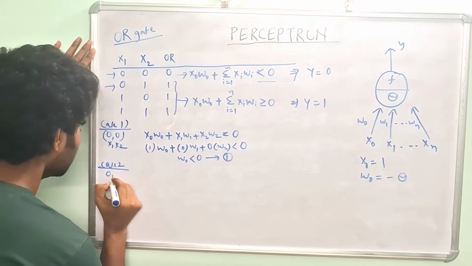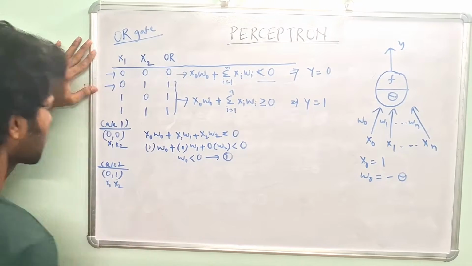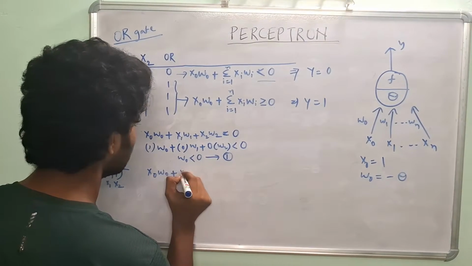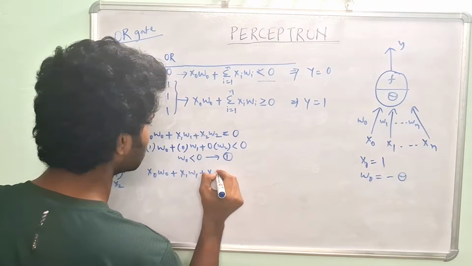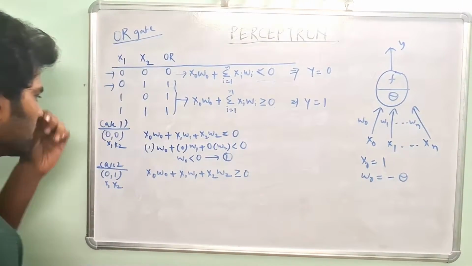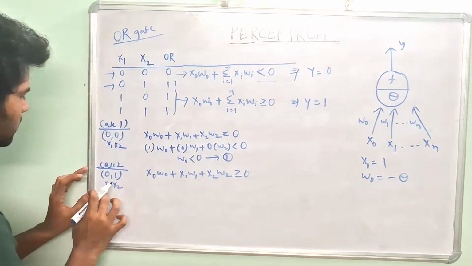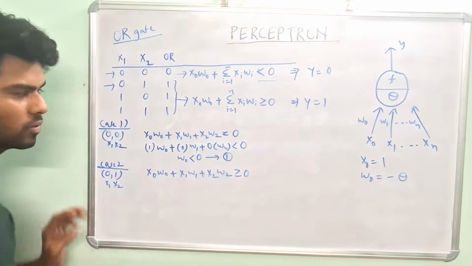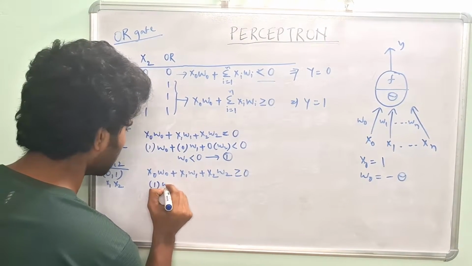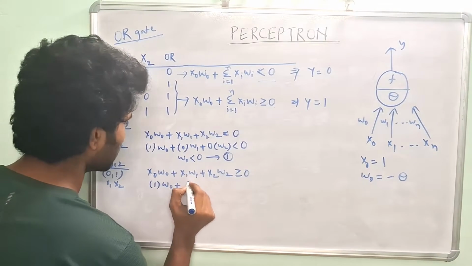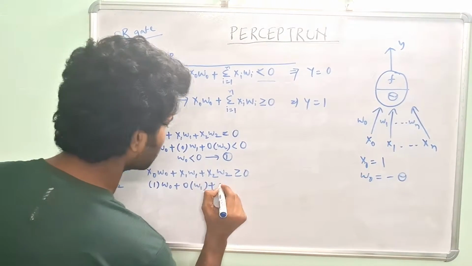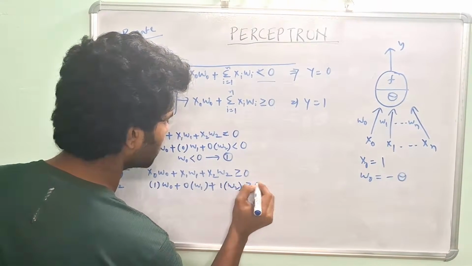In case 2, the input is 0 comma 1, x1 x2. x0 w0 + x1 w1 + x2 w2, in the second case, is greater than or equal to 0. Here I am substituting only the input values: x0 value 1, w0 plus x1 0 into w1 plus x2 is 1, 1 into w2, greater than or equal to 0.